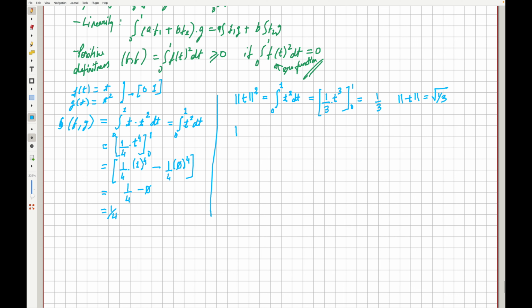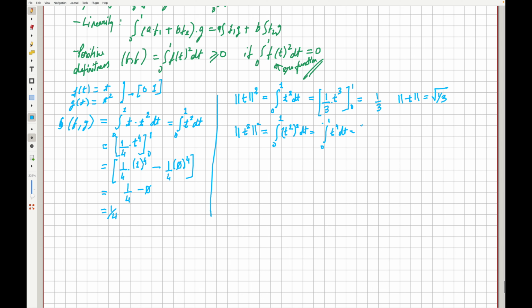Likewise, if we take the value of t squared and get the magnitude of that, we would say the integral from 0 to 1 of t squared, squared, dt, and that essentially would be the integral from 0 to 1 of t raised to the power 4 dt.